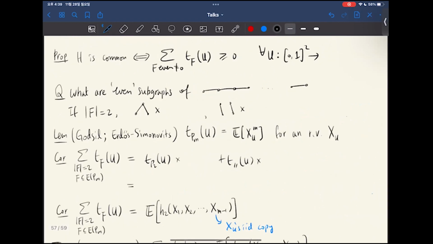Right. And let me move on to a generalized proposition, which is rather classical one. So H is common if and only if we do the same trick, same substitution, here I do W equals 1 plus U over 2, okay? So that's a trick. And then in every expansion, what remains is the even subgraphs of H. And then I look at the TF of U, which is the average of the even terms.